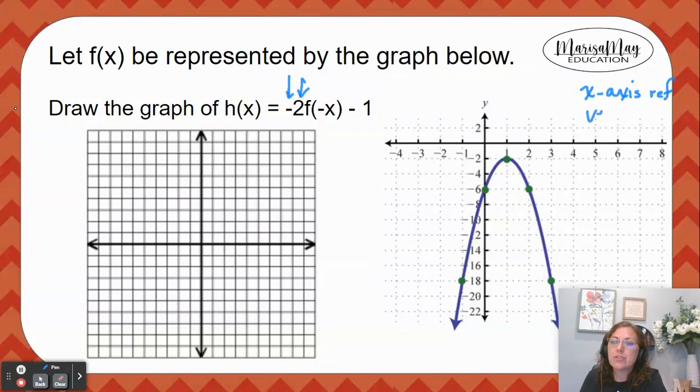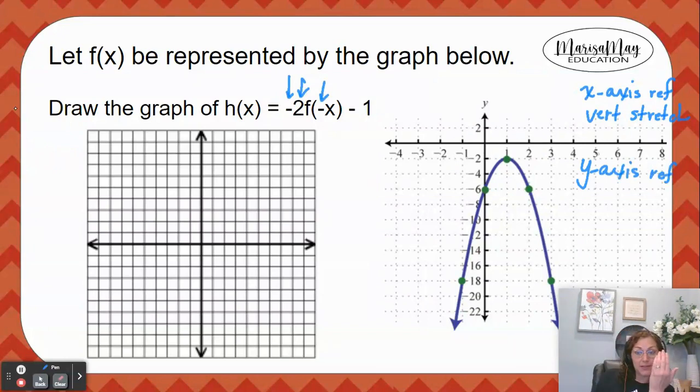We're doing a vertical stretch. And then the negative with the x, that's a y-axis reflection. And that means we're flipping it from the right to the left. And then the -1 means we're going down 1. Wow, we got a lot of changes to make here, okay?